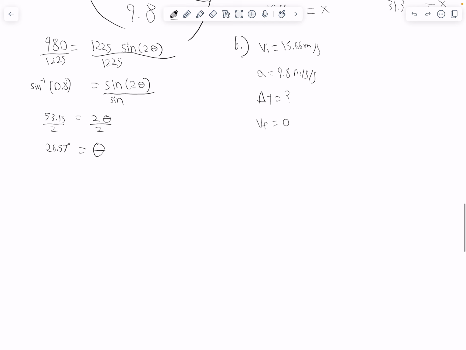All right, so we have to find the equation that does not have t in it, which would be vf squared equals vi squared plus 2a delta y.